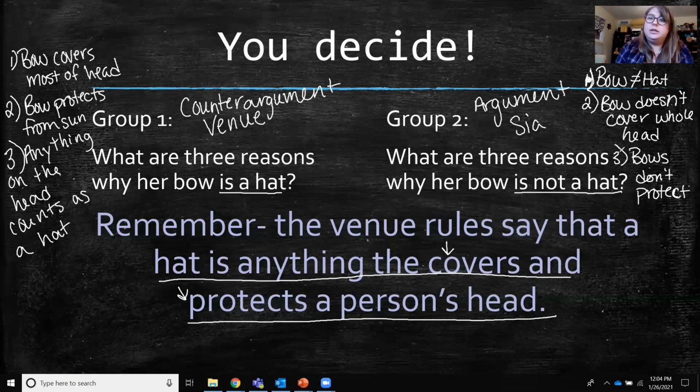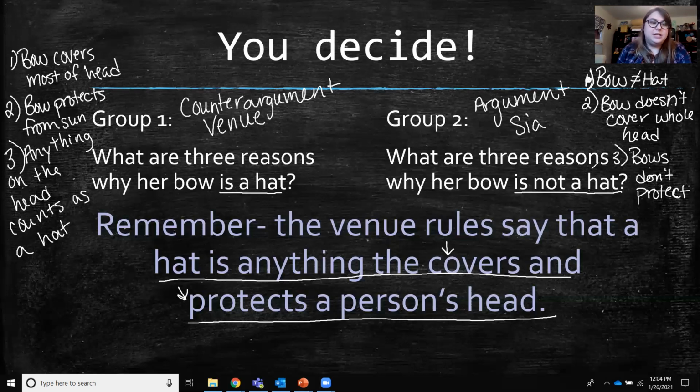So what I did for both sides of my argument here, my argument and my counter argument, I was able to create reasons to support both of those ideas using the definition that was given to me. It doesn't matter what my personal belief was. I personally don't think she should be in trouble. That doesn't mean that I can't create an argument in support of the venue.